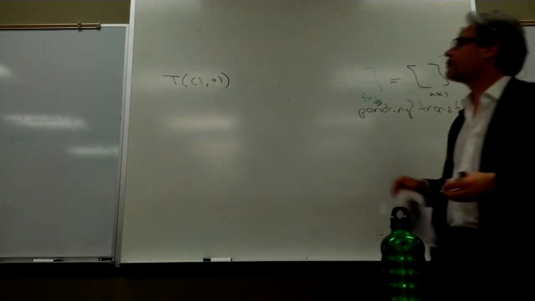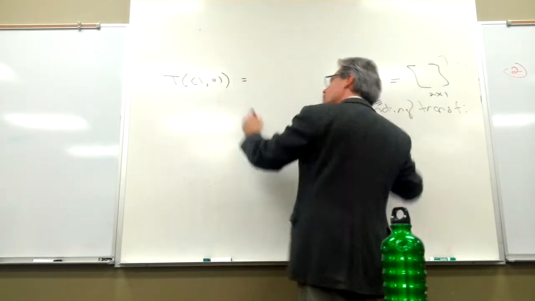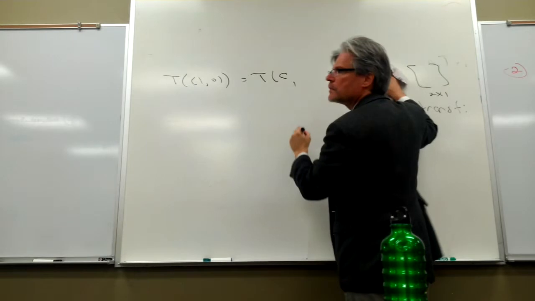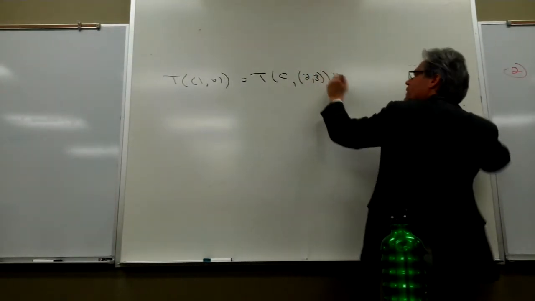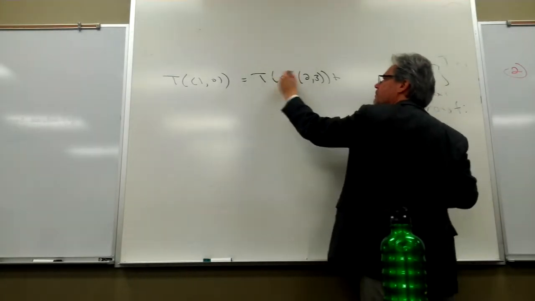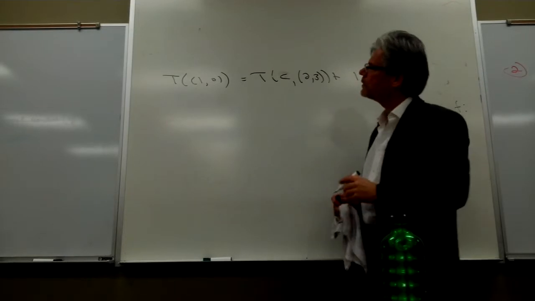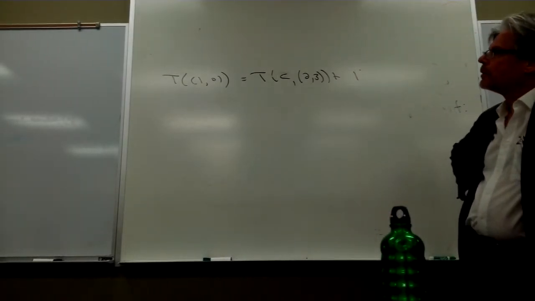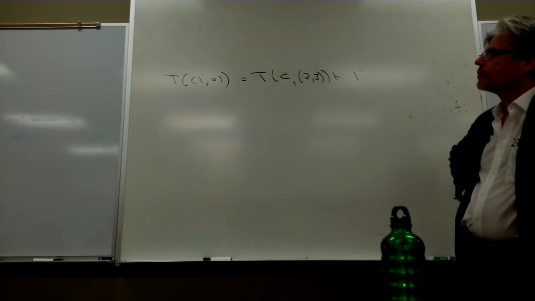But check this out: I do think T evaluated at 1, 0 could be interpreted as some constant, I'll call it C1, times my first vector 2, 3, plus, can you read my sloppy writing, that's a C. Oh wait, no, it's not going to be the 2, 3, right? Because that's not your first vector, because T is going to be evaluated at V1, and V1 is 1, 1.